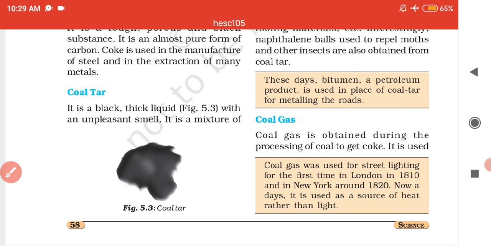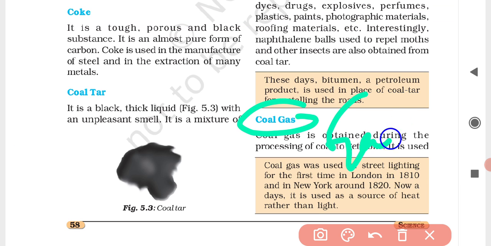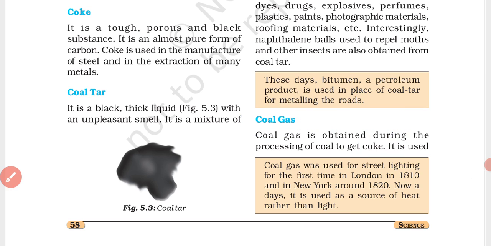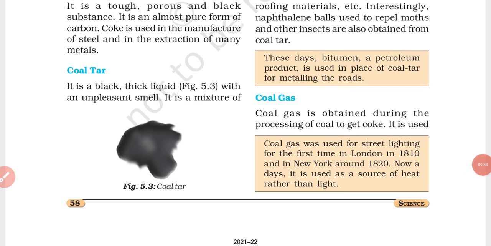Lastly, coal gas. From the name only we can identify that it is a gaseous substance. So what is coal gas? Coal gas is a gaseous fuel which is obtained by the strong heating of coal in the absence of air during the processing of coal to get coke.